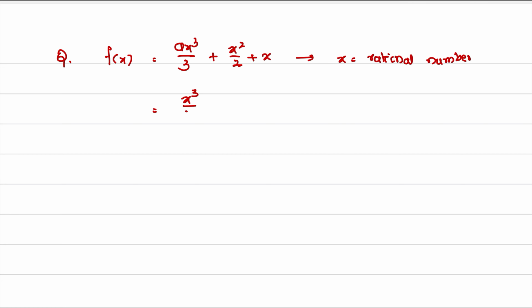Question: a function is given such that f(x) is equal to ax cube by 3 plus x square by 2 plus x for x a rational number, x belongs to rational numbers. And the same function is equal to x cube by 7 minus bx square by 5 plus x by 3 when x is an irrational number.